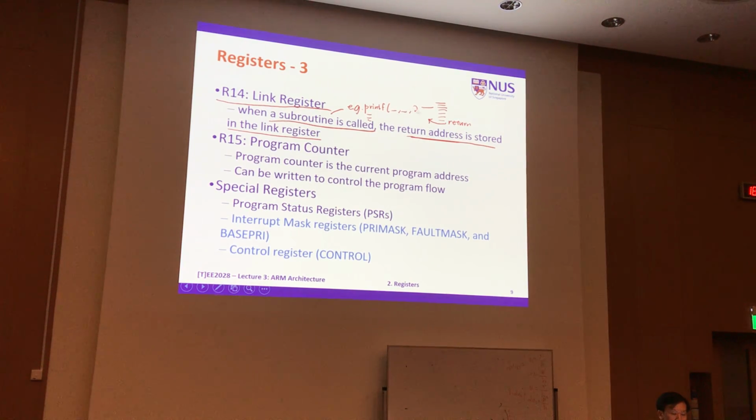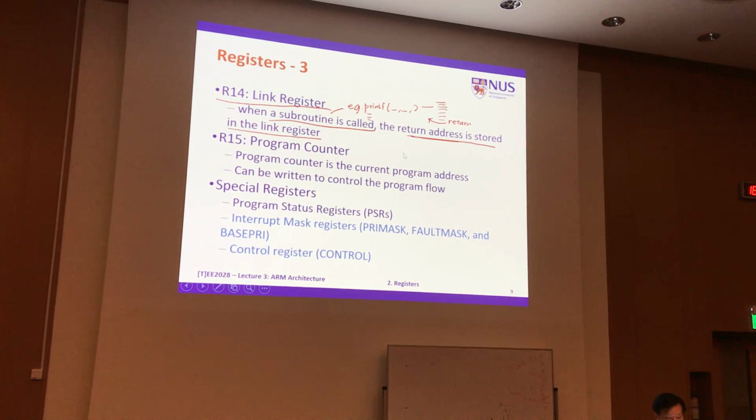Let's say you have a main function. The main function can be a C program or an assembly language program. The subroutine can be a C subroutine or an assembly language subroutine. In assignment 1, you have a main C program, and the assembly language function is like a subroutine. After you call it, at the end you will notice there's a BX LR.